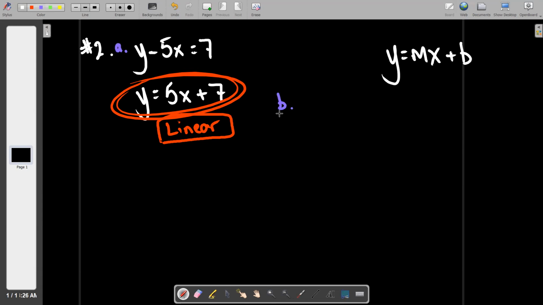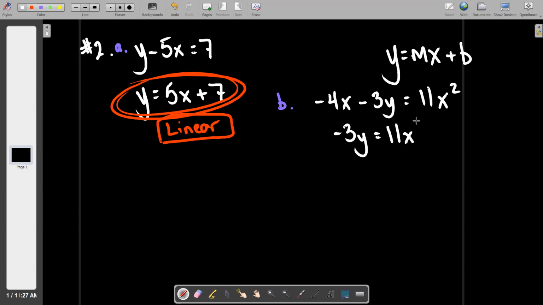What's given to me is negative 4x, and this one is a little bit strange. If I were to try to get y by itself, let's say we left the negative 3y here, and the 11x squared here, and brought the 4x across. You know that we can't add the 4x to the 11x squared because they don't have the same parts and pieces.